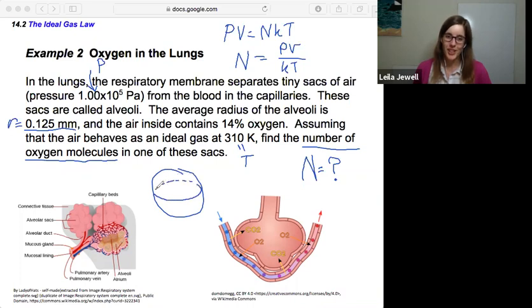That's a common thing with physicists, is we like to make things spherical as much as possible. All right, so there's our sphere with a radius r. Since it's spherical, how can we figure out the volume? Well, the volume of a sphere is going to be 4/3 pi r cubed.